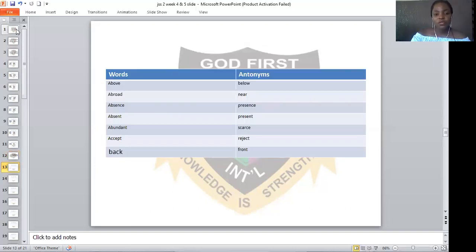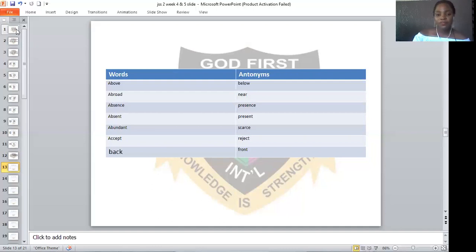Also we went further to look at some words like above, below, abroad, near, absent, present, abundant, scarce, accept, reject. The offer was accepted by the man. The offer was rejected by the man.